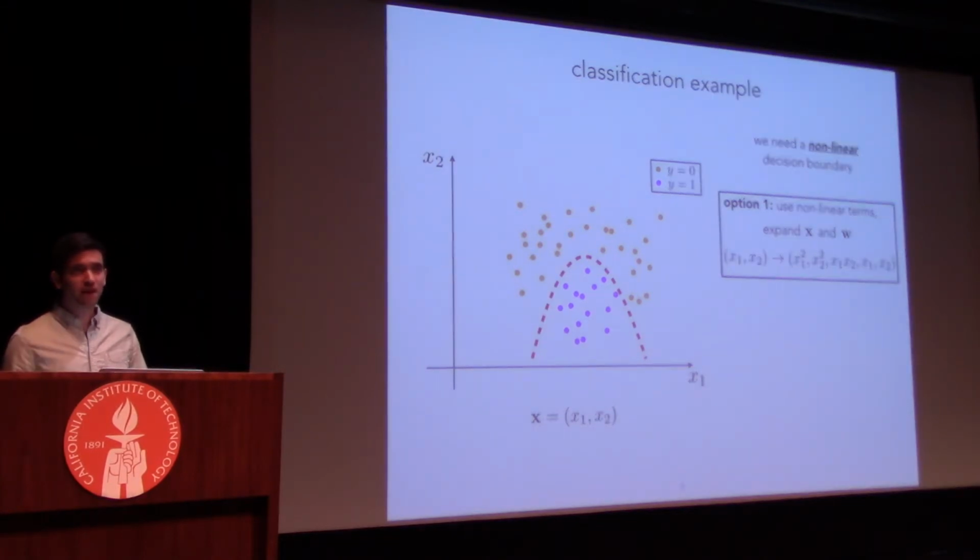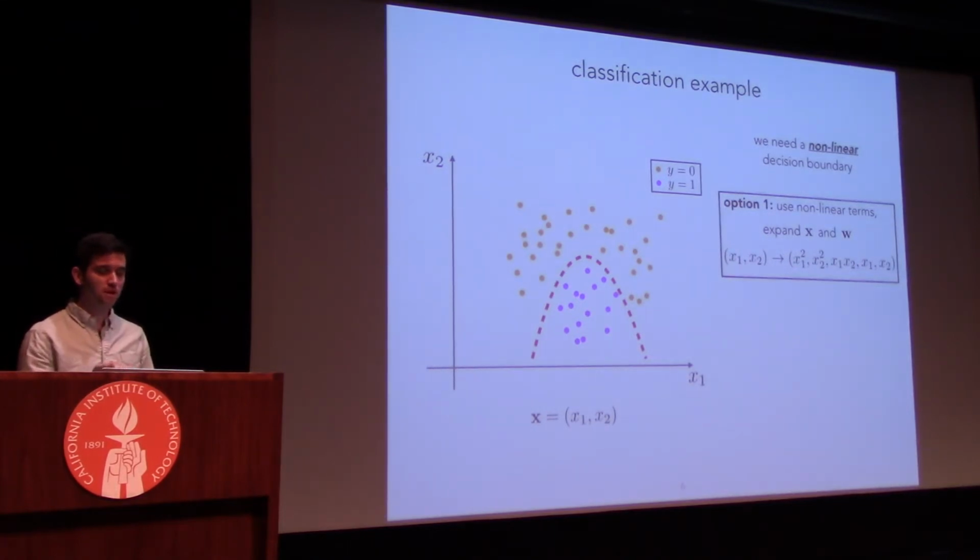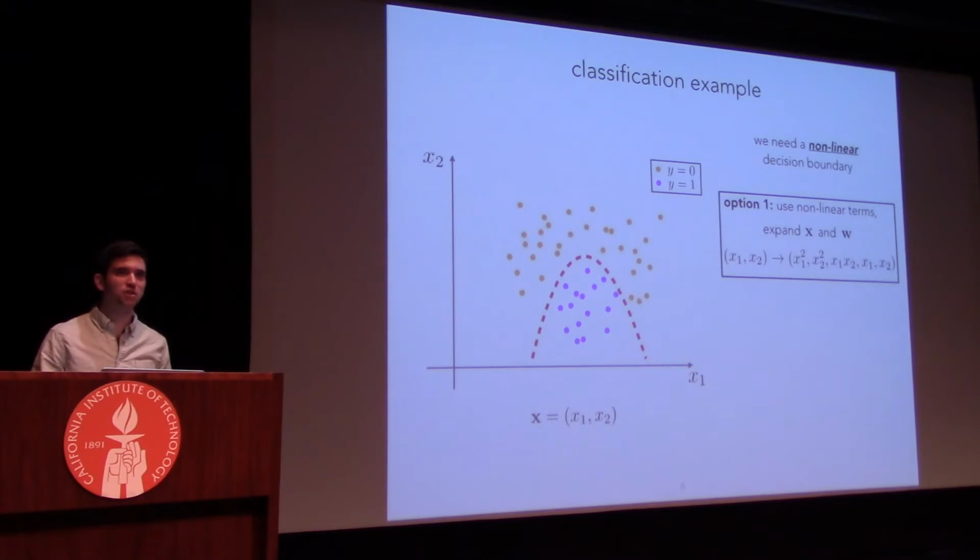By doing that, we can fit coefficients to the squared terms here, so we can end up with a hyperbola or a paraboloid in this space. What I've done is expand x1 and x2 into x1 squared, x2 squared, x1 x2, and then x1 and x2. This is just a standard basis expansion to give ourselves some quadratic terms. So this is one option, and this will actually work.